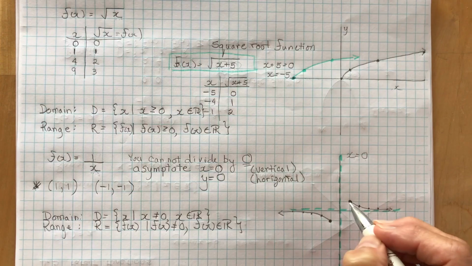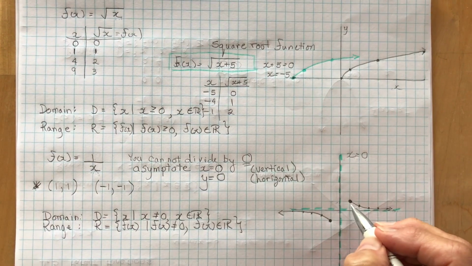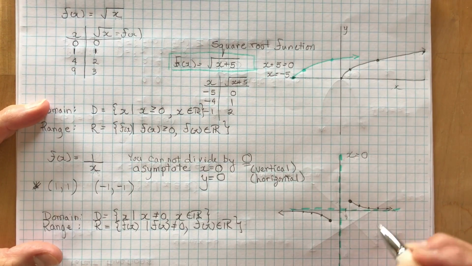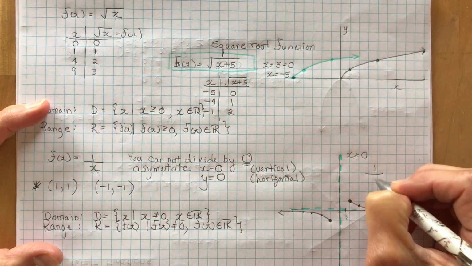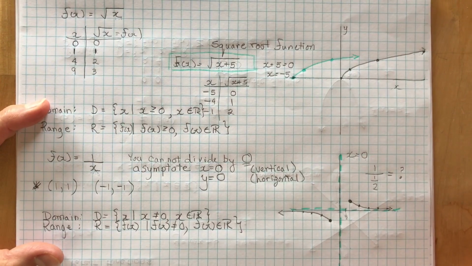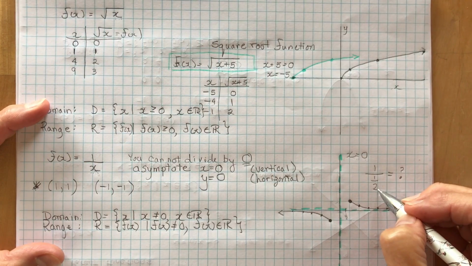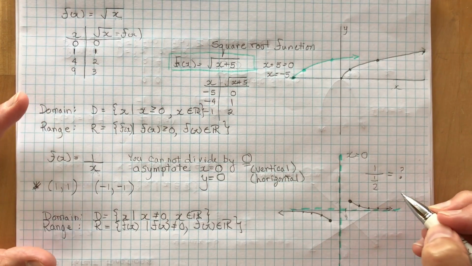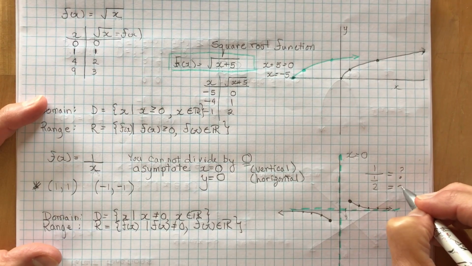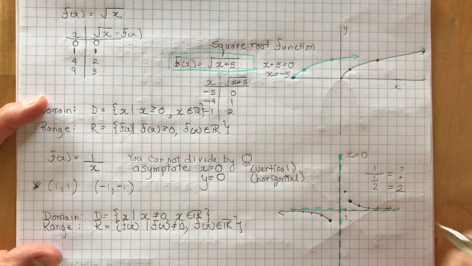And now we have to talk about what happens in here. So this is where people get a little confused because let's say I pick a half, 1 over 2. So what's 1 divided by a half? And you're going to say, oh, I don't know, I'm not very good at fractions. 1 divided by a half. So if I had 1 pie and I cut it in half, how many pieces do I have? Well, you know, the answer would be 2, right? You have 2. So a half goes to 2.